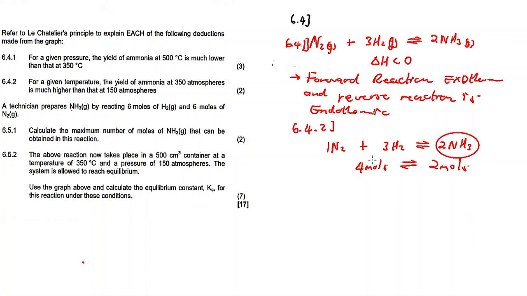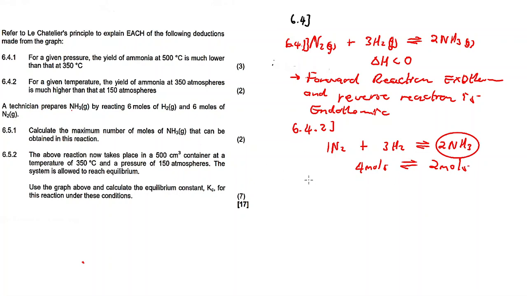So a higher pressure simply means the forward reaction is favored and a higher yield of ammonia will be obtained. So according to Le Chatelier, a higher pressure always favors the side with the least amount of moles.